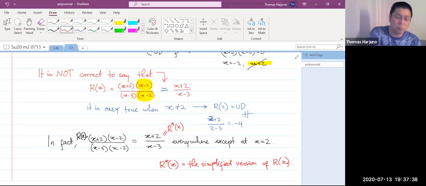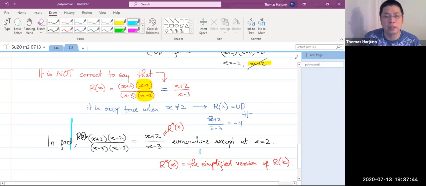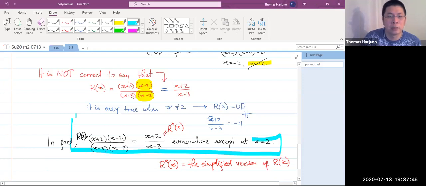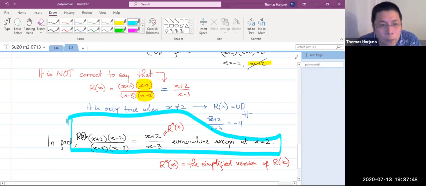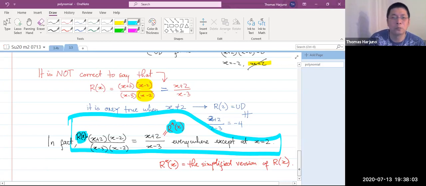Okay, now, why do I want to emphasize this? Because you will see, for us to graph R(x) later on, we will actually graph R star of x. That's what we will graph. Then we do adjustment. Okay, let me write it down.